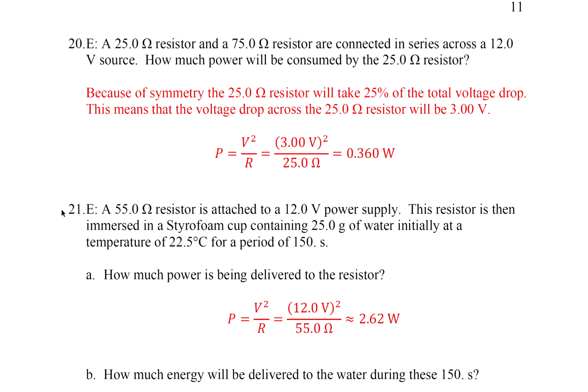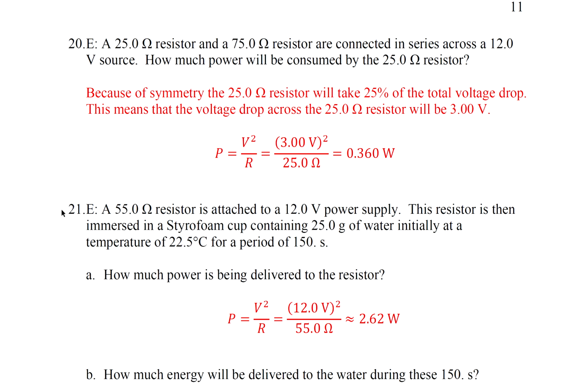Question 20, a 25 ohm resistor and a 75 ohm resistor are connected in series across a 12 volt source. How much power will be consumed by the 25 ohm resistor? So let's draw this out. We have 2 resistors in series.